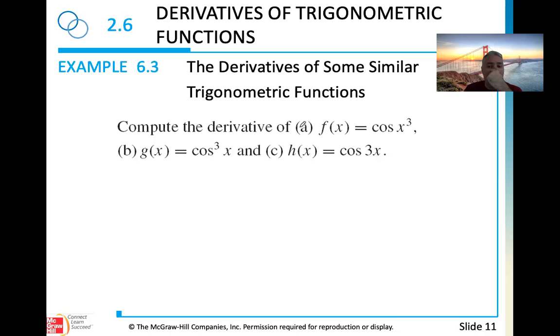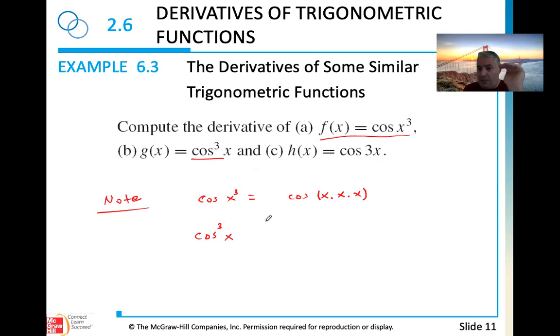It says cosine x cubed, and it says cosine cubed x. So let's talk about the difference between them. This is just trigonometry. Cosine x cubed means cosine of x times x times x. But when I write this other notation, be careful.